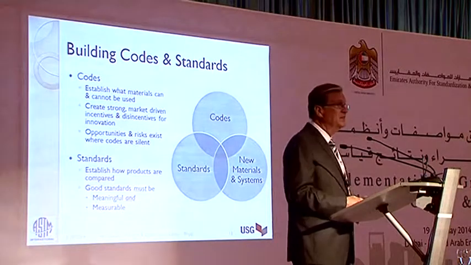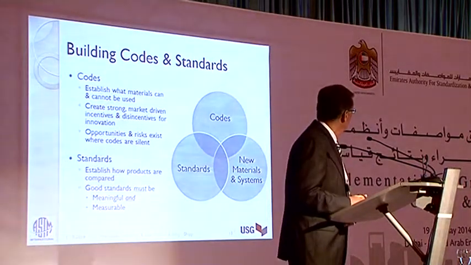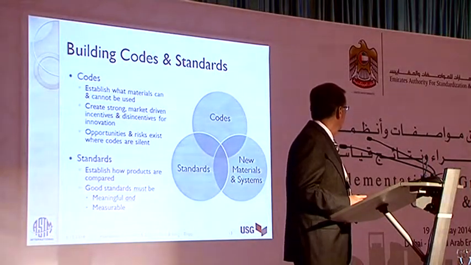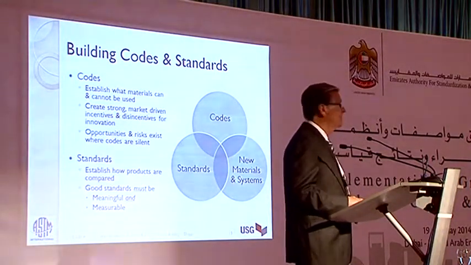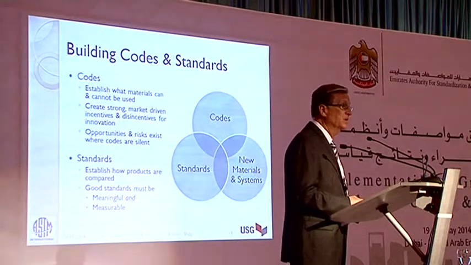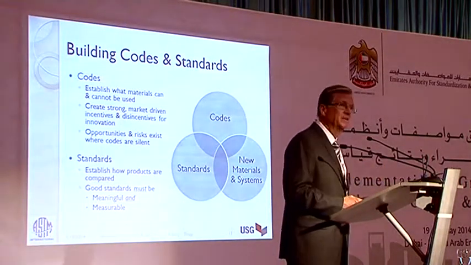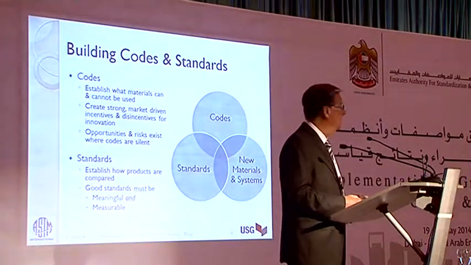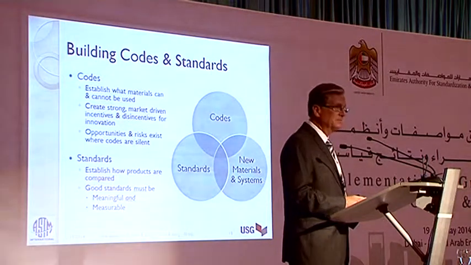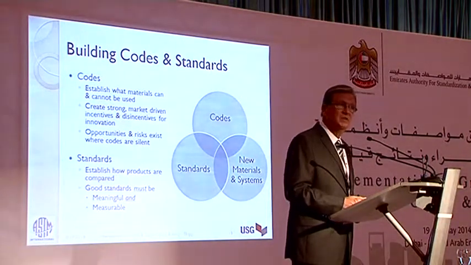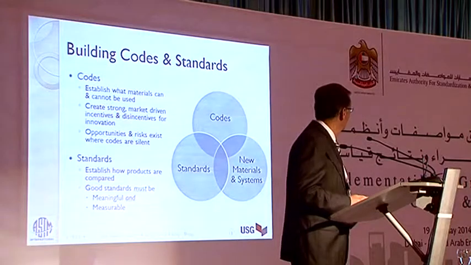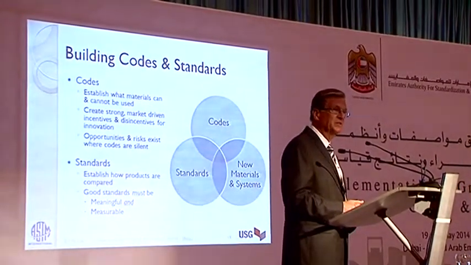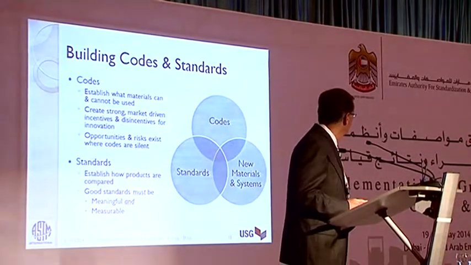Building codes, to summarize, establish what materials can and cannot be used. Building codes create strong market-driven incentives and disincentives for innovation. So in that regard, it's very desirable, in fact it's necessary, to have codes which are flexible and allow for performance-based provisions for new materials to be permitted to be developed and brought in, in developing areas such as sustainability and green construction.